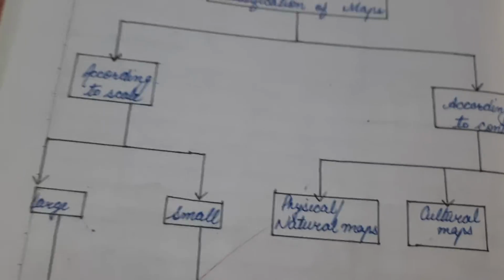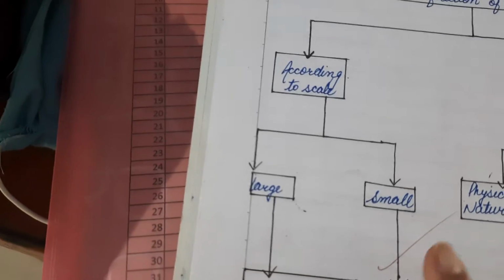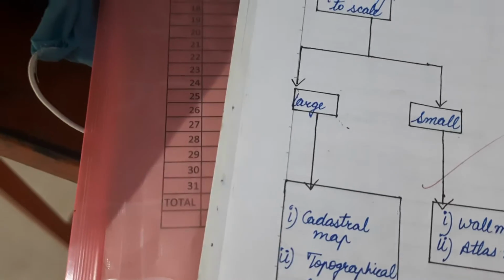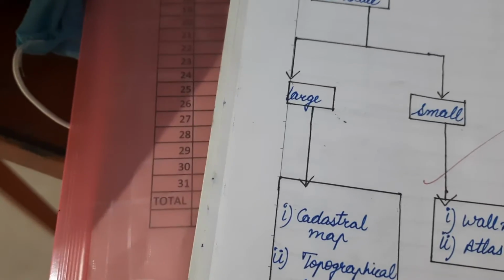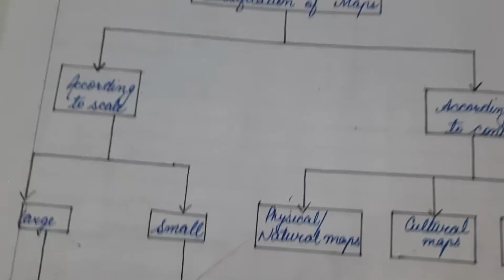So, first I told you that according to the scale, maps can be classified into large scale and small scale. Then large scale is further categorized into cadastral map and topographical map, and small scale into wall map and atlas map.